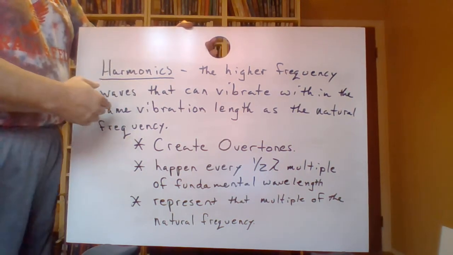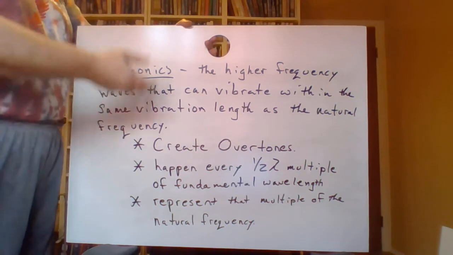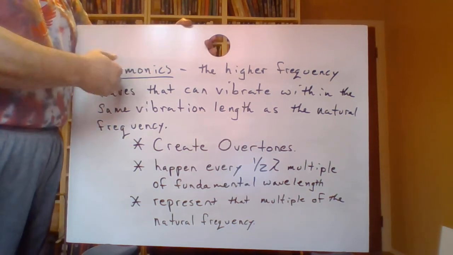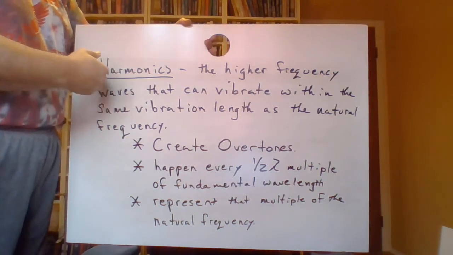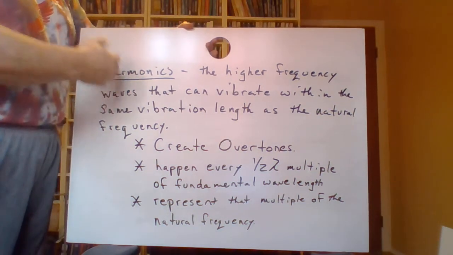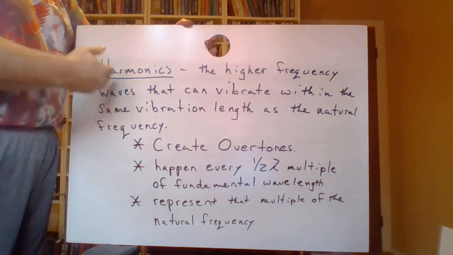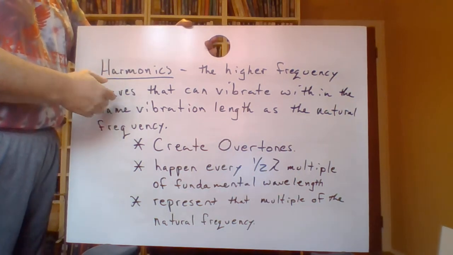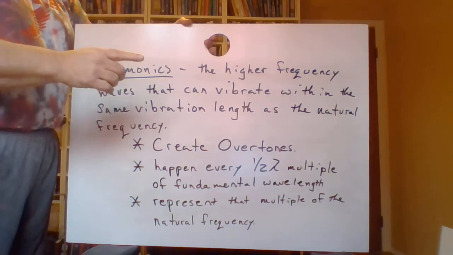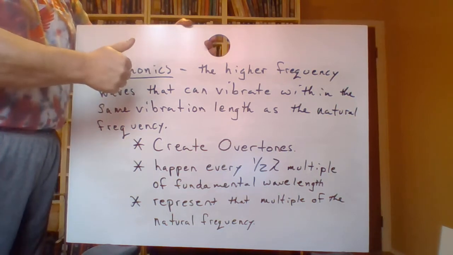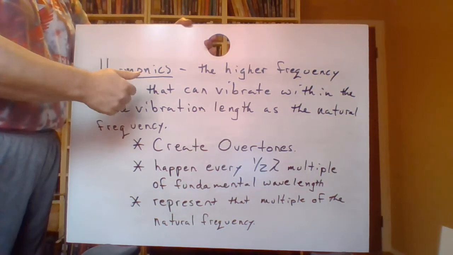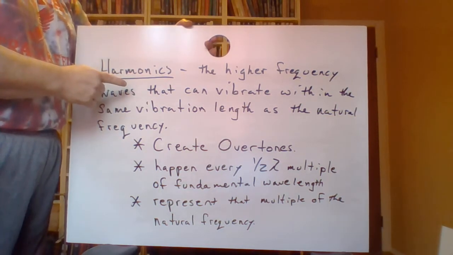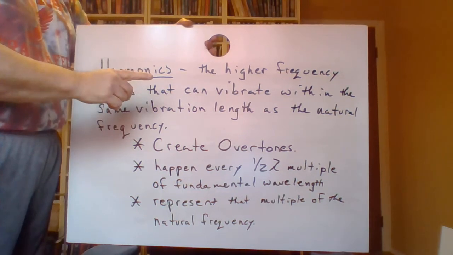Third harmonic is the tripling of the first harmonic or the natural frequency. All right. Fourth harmonic is the quadrupling of the frequency. Okay. Now, first harmonic is zero overtone. Second harmonic is first overtone.